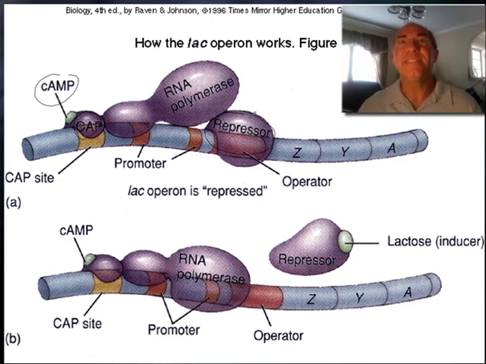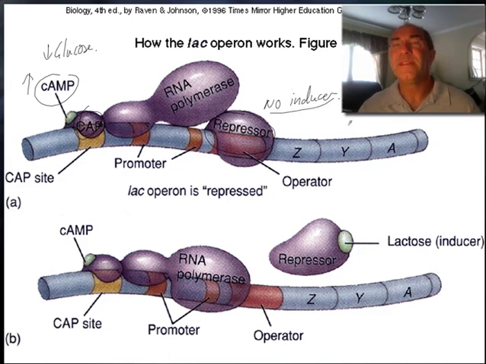And so in this case the repressor is present, which must mean that there is no inducer. And CAP is also bound, which must mean there are high levels of cyclic AMP, which must mean there are low levels of glucose. So even though there are low levels of glucose, there's no inducer present to turn this on.